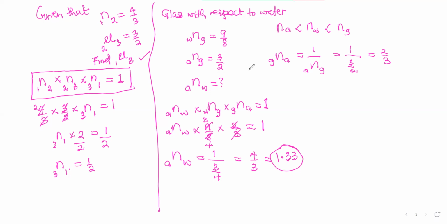I have this question which I want you to try. A monochromatic light. Monochromatic light is just light of one color.